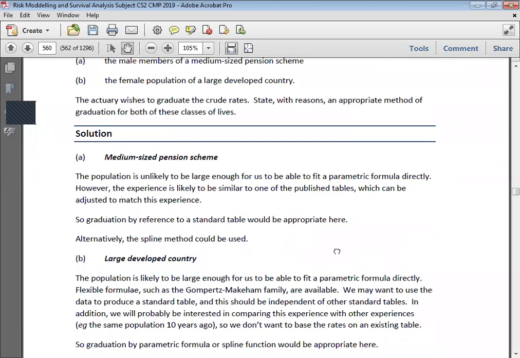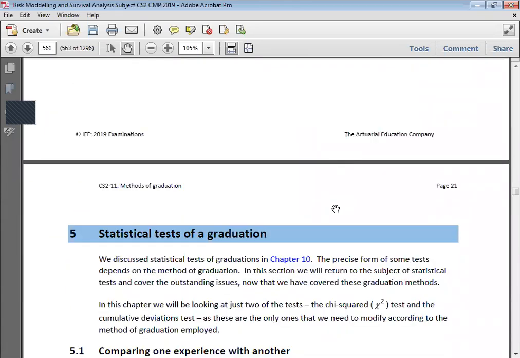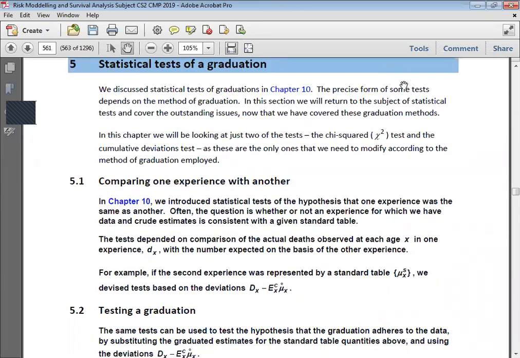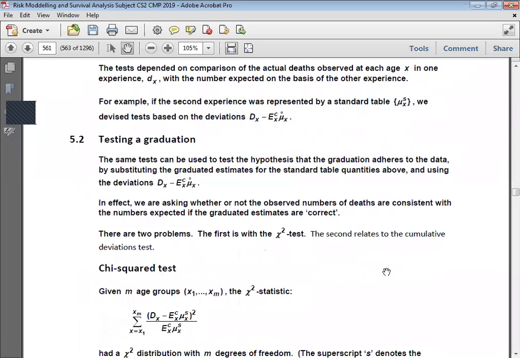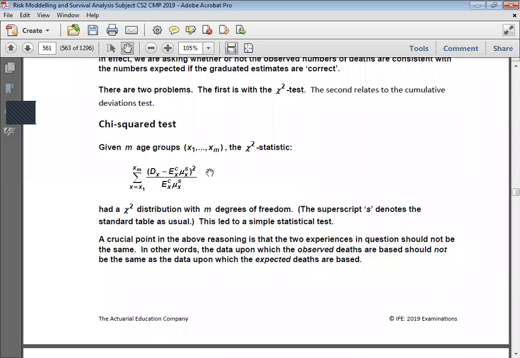Okay, so here they have discussed the tests in brief, not all of the tests again. Basically all we need to know is that the thing that's going to change is the degrees of freedom. If you're looking at the chi-square test, your degrees of freedom will change.